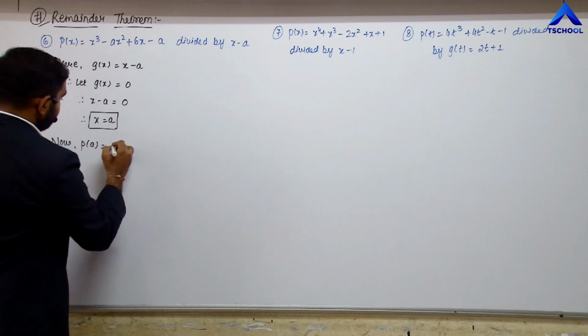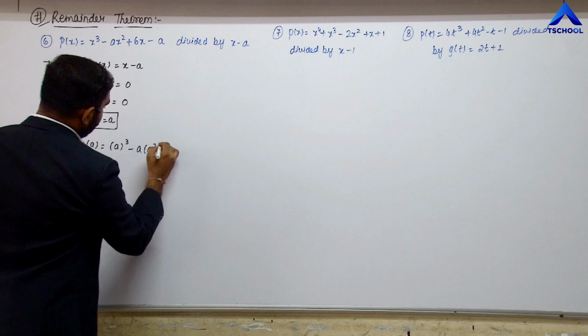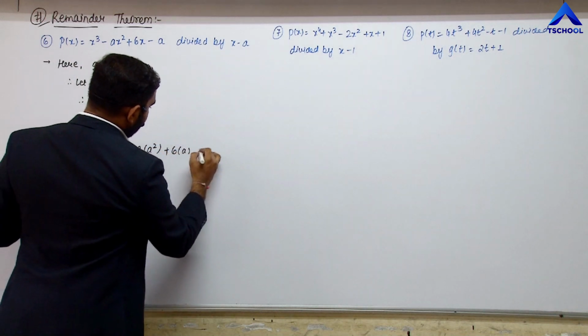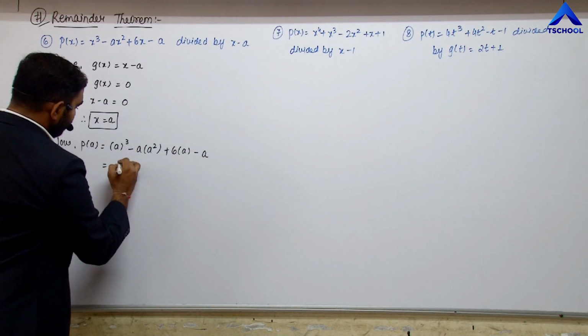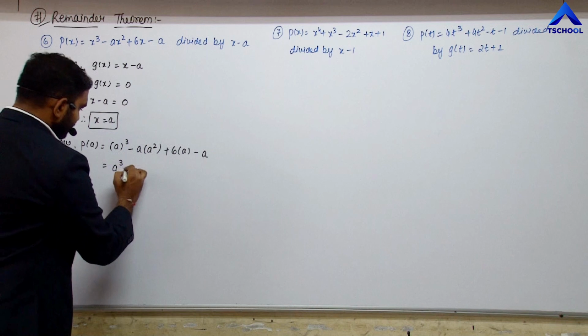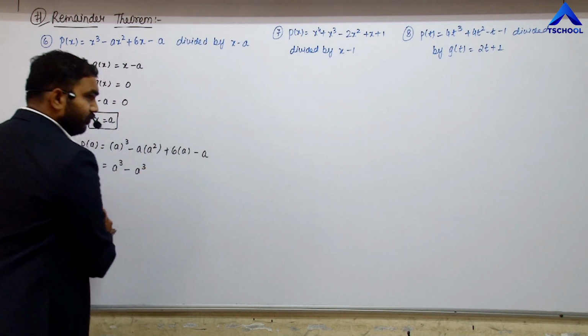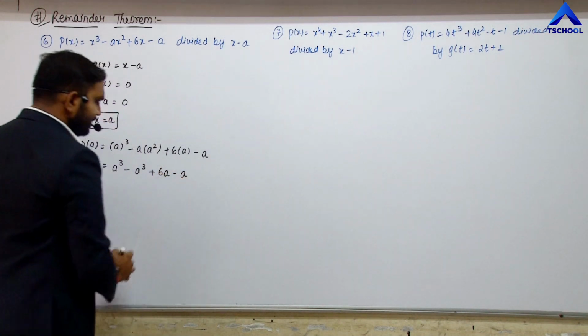P of a is a cube minus a into a square plus 6 into a. So what is a whole cube? That is a cube minus a into a square, that is again a cube, plus 6a minus a.